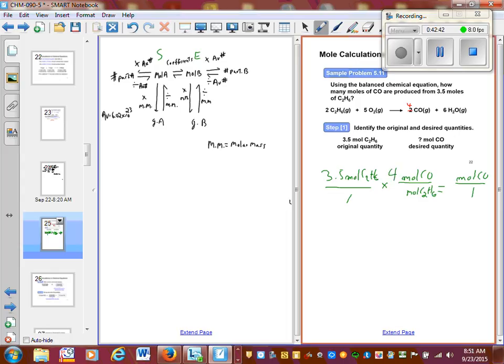Now I got everything filled in. What's the answer? Don't use your calculator. 7. 4 divided by 2 is 2. 2 times 3.5 is 7.